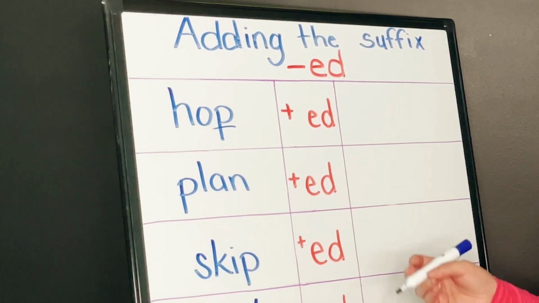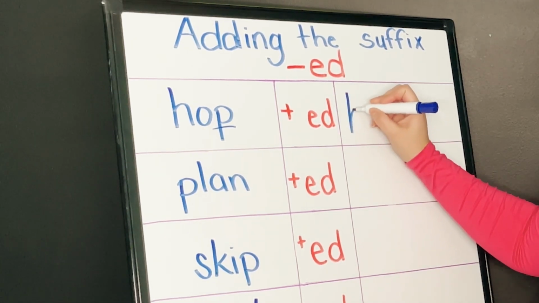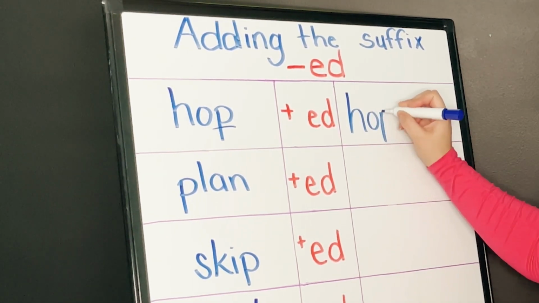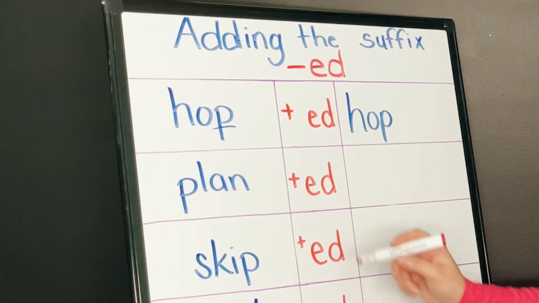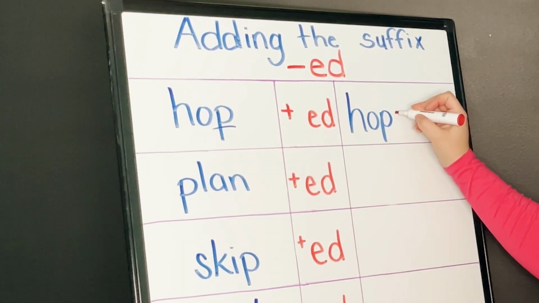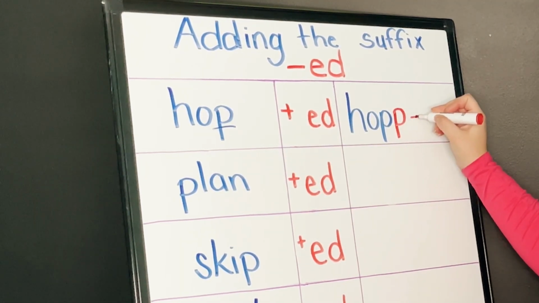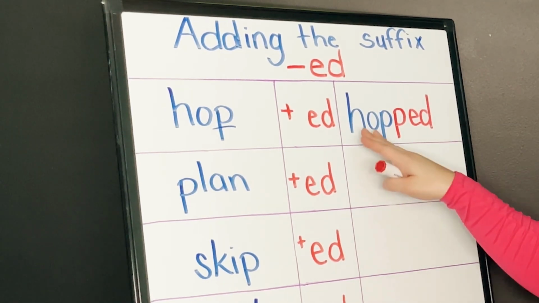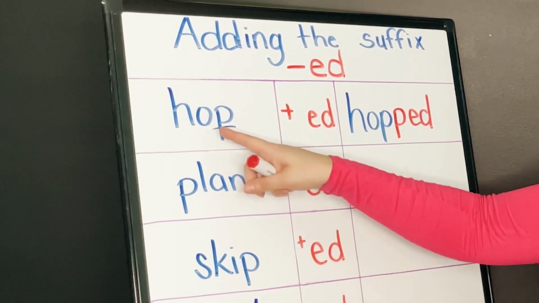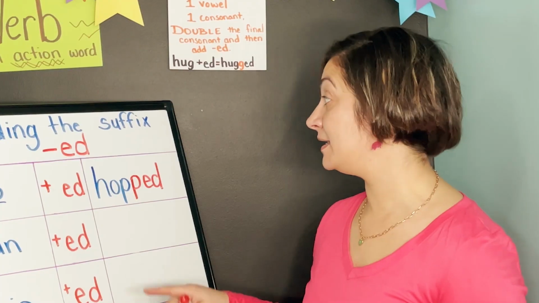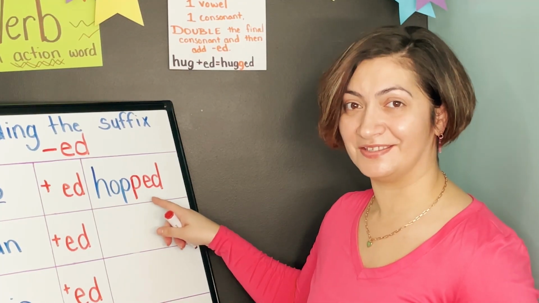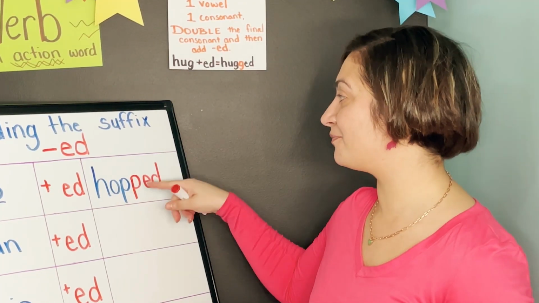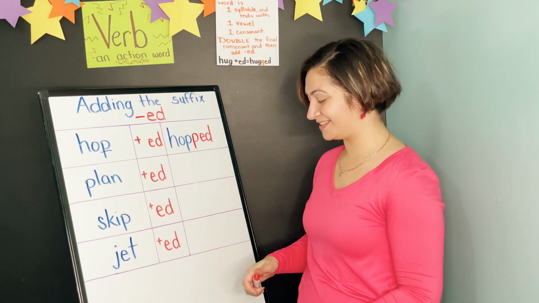Okay? So when we rewrite this, we'll still write hop. We'll write that final consonant one more time and then add ed. And we have hopped. The bunny likes to hop in the yard. The bunny hopped in the yard, right? It means the bunny already hopped. Nice.